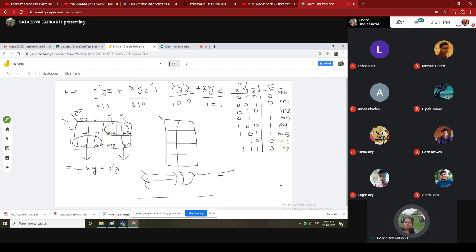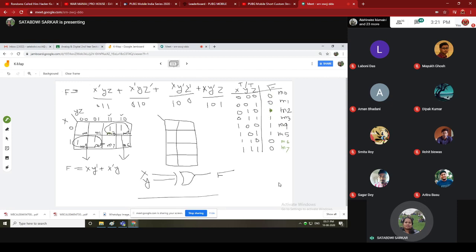Again, M4, M5, and M7 first, and then M6. Are you getting my point? We cannot change it. Now see, we are putting the value of these small m's, the min terms.